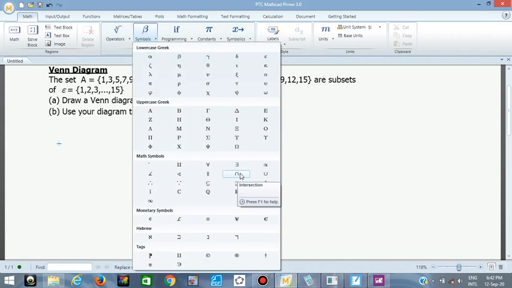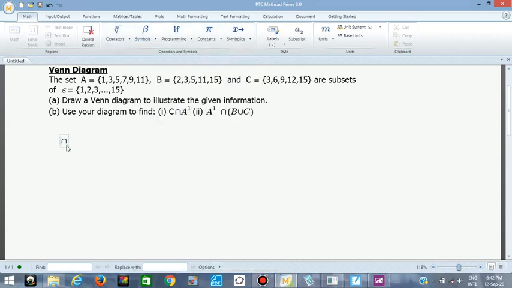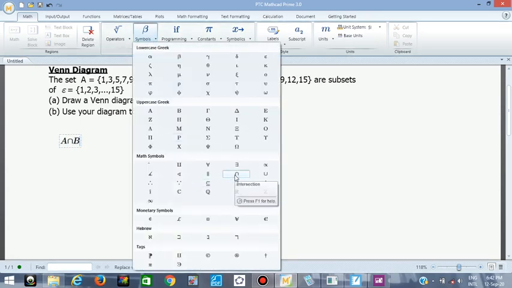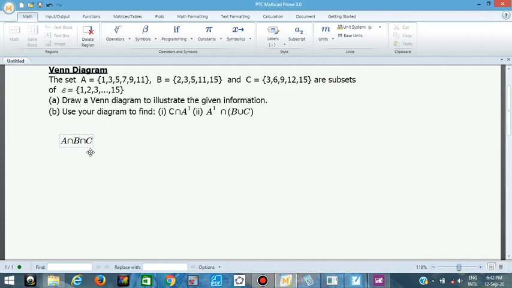This is intersection. You get your intersection, which is A intersection B. Then let me get it again. I want to get the element that is present in all the three sets, A intersection B intersection C. So what this symbol means is that A intersection B, the elements you have in set A that you also have in set B, and you also have in set C. That's what I'm going to write in this place.